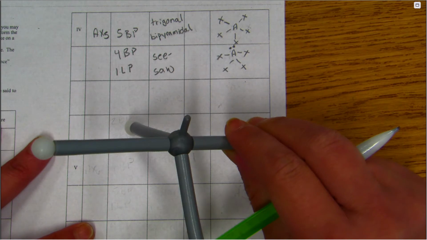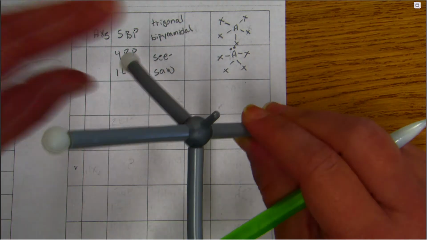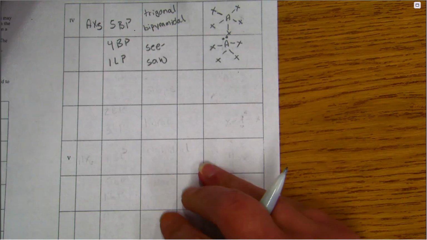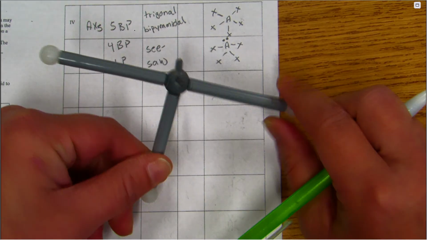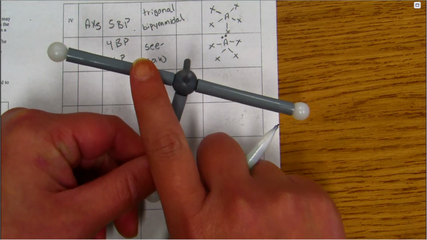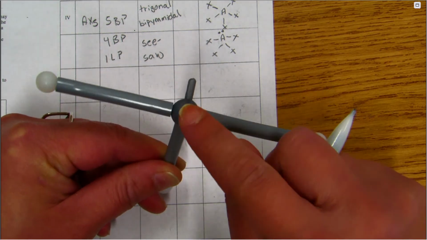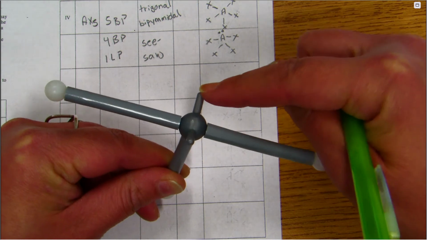Let's say I remove another bonding pair. In this case, I now have 1, 2, 3 bonding pairs, and I have 2 lone pairs.